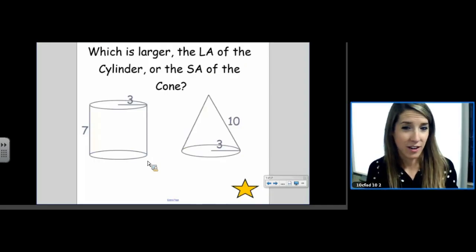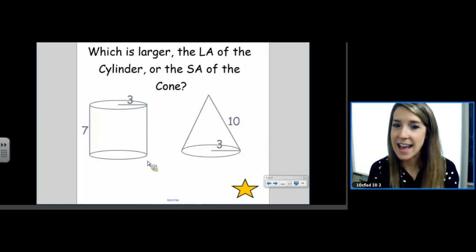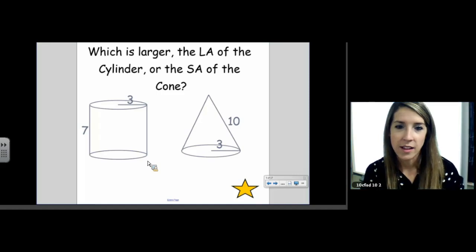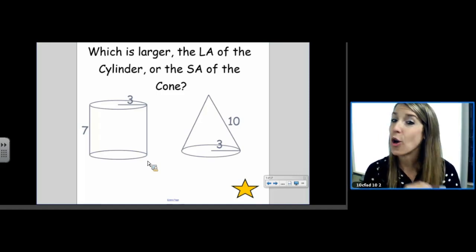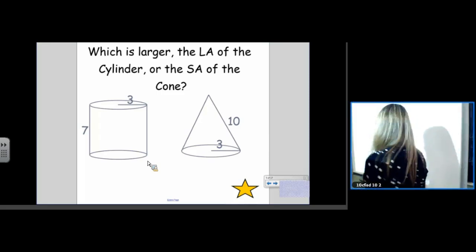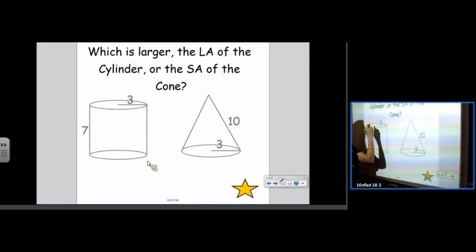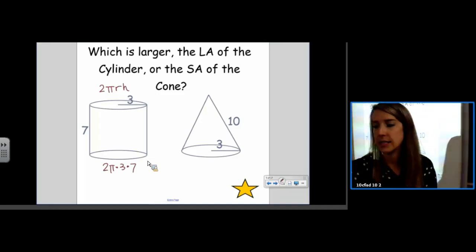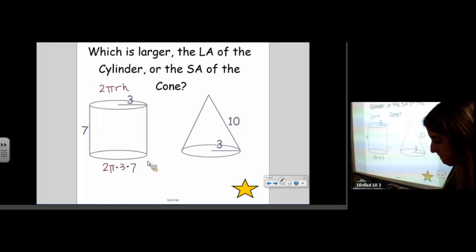Which is larger, the LA of the cylinder or the SA of the cone? The lateral area of the cylinder or the total surface area of the cone? All right, so LA of a cylinder is 2 pi r h. So we've got 2 times pi times 3 times 7. So the LA of the cylinder is 42 pi.